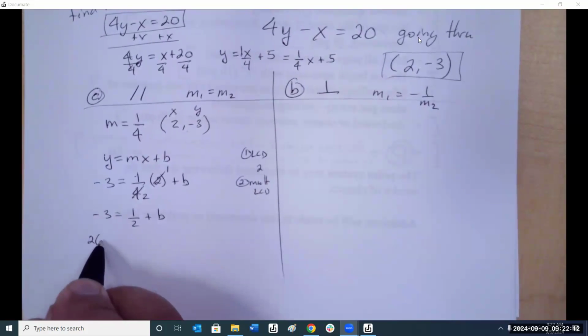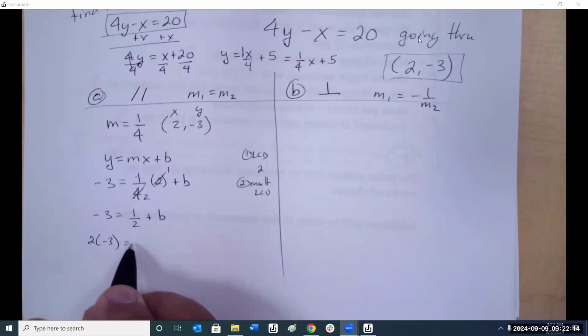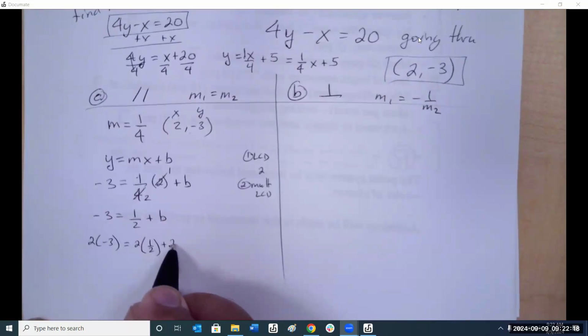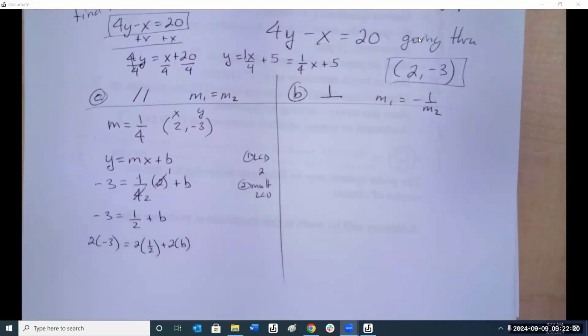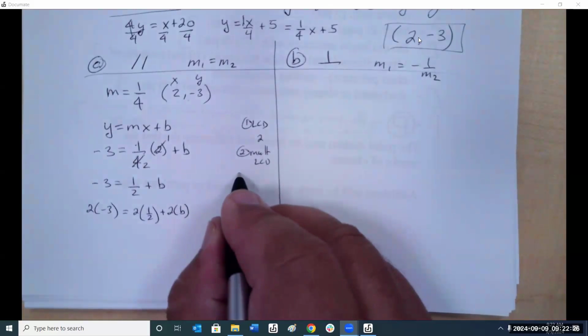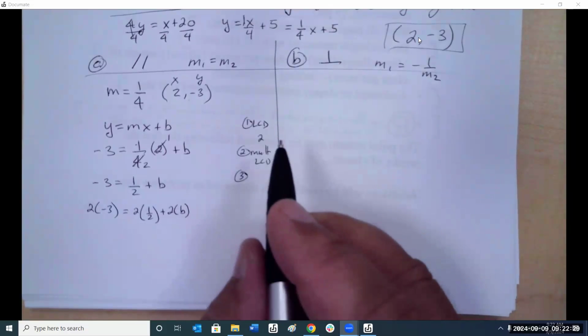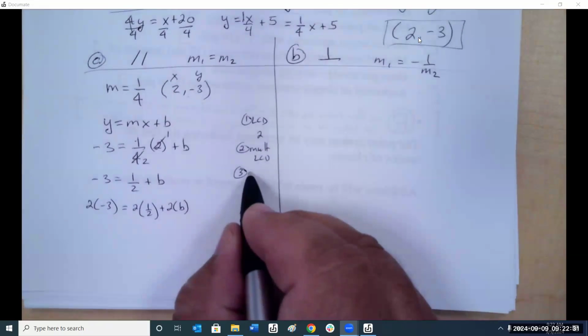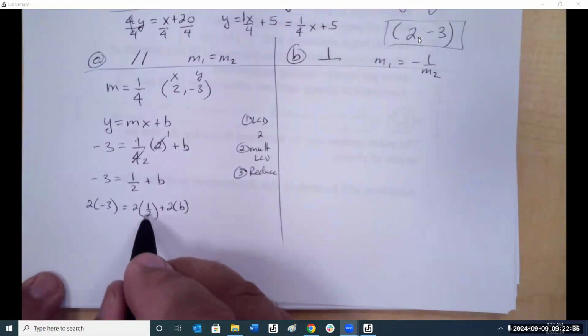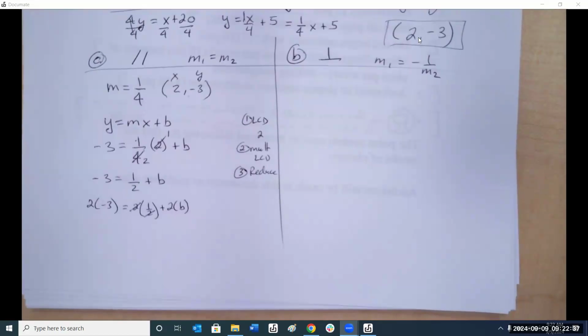So we have 2 times -3, 2 times 1/2, 2 times b. Since we multiplied, next one is reduce. We want to get rid of the fraction. So the 2's cancel.